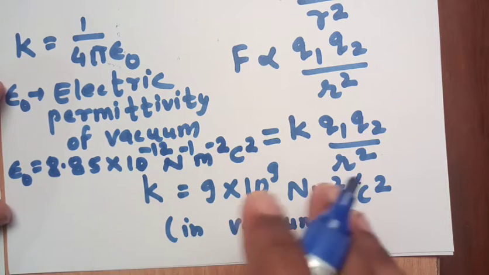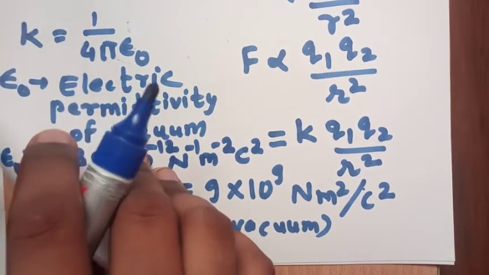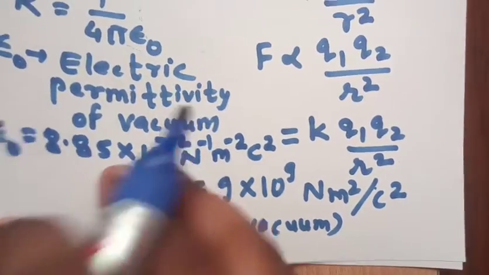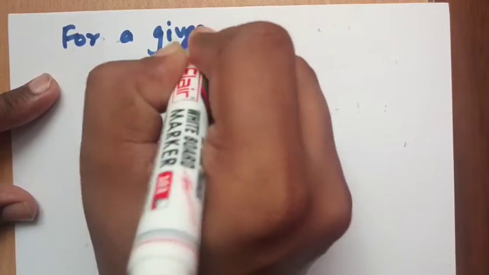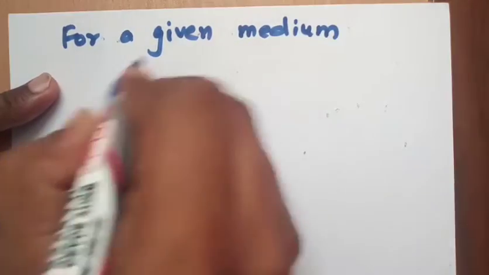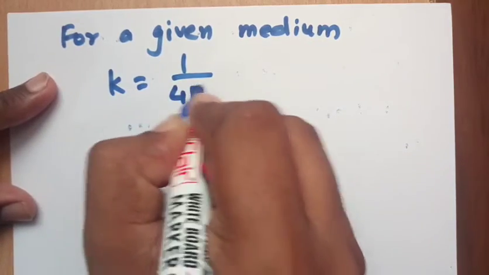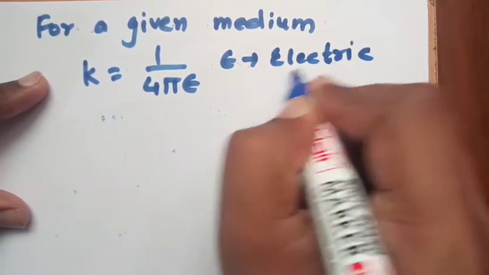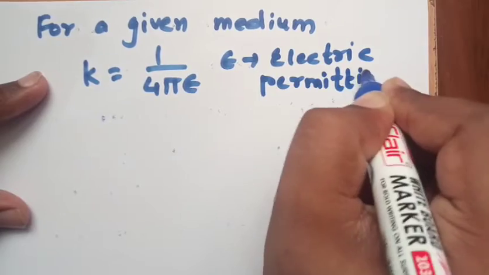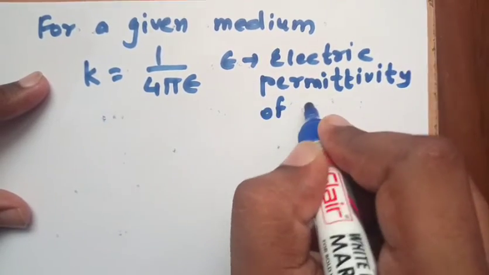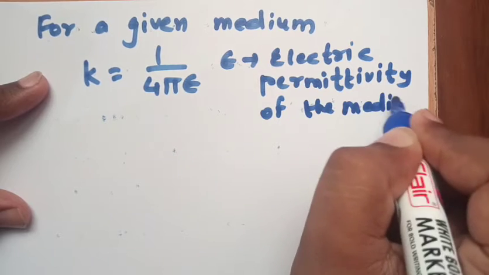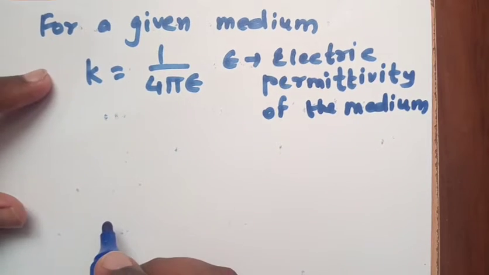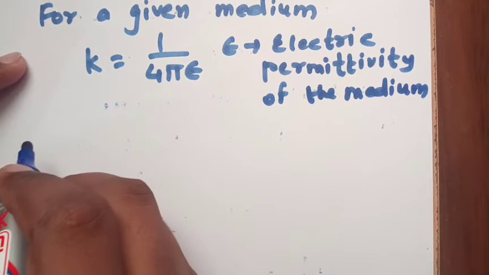So for a given medium, we write K as 1 upon 4 pi epsilon, where epsilon stands for the electric permittivity of the given medium, and this epsilon is related to epsilon naught as well.